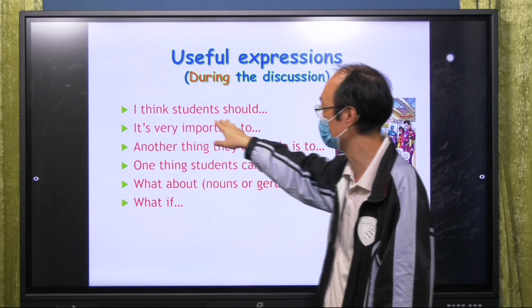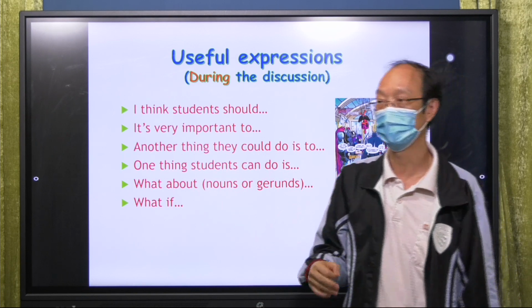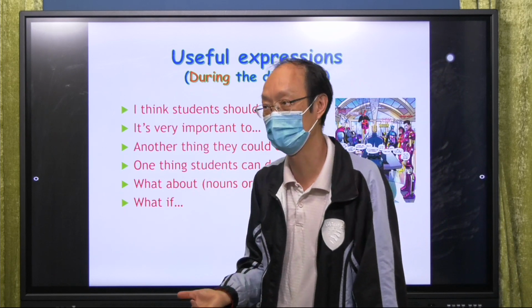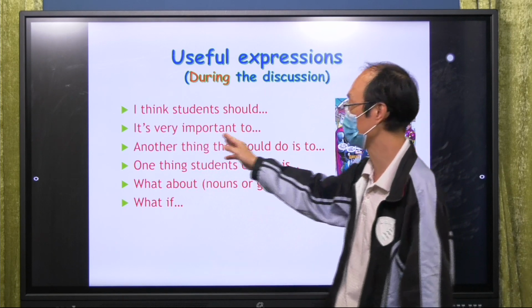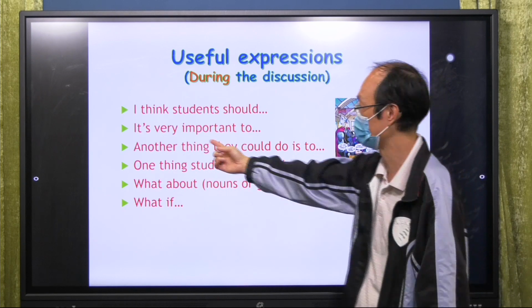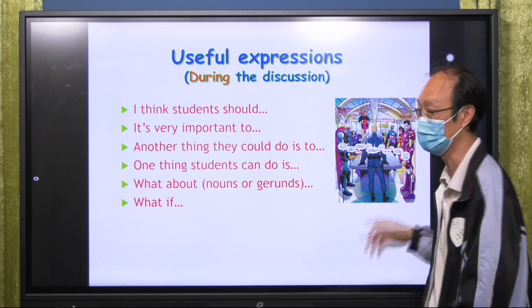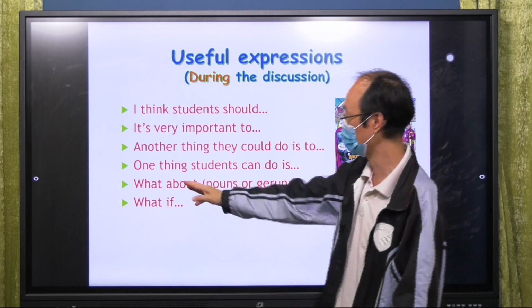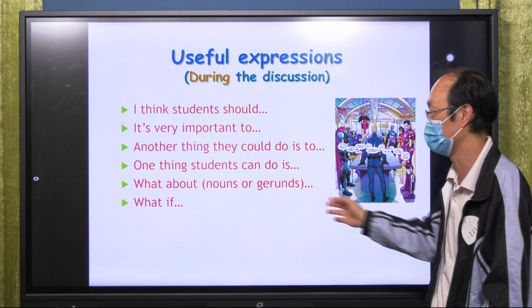For example, I think students should wear masks in school. It's very important to wear masks in school. Another thing they could do is to wash their hands. One thing students can do is something.